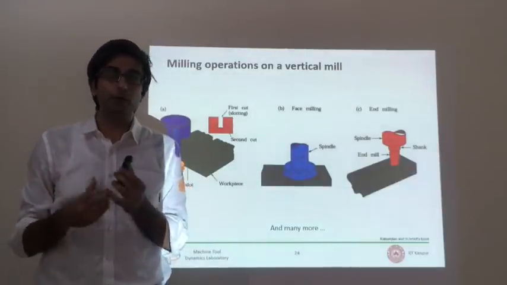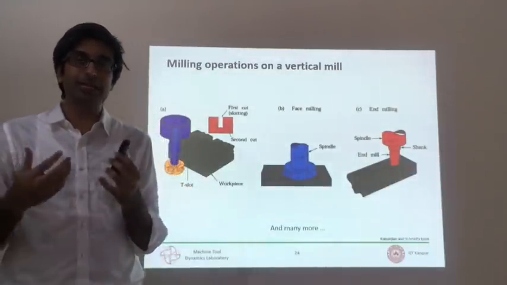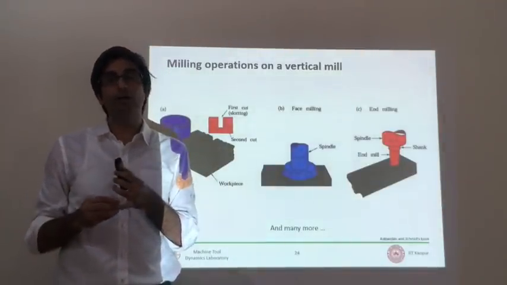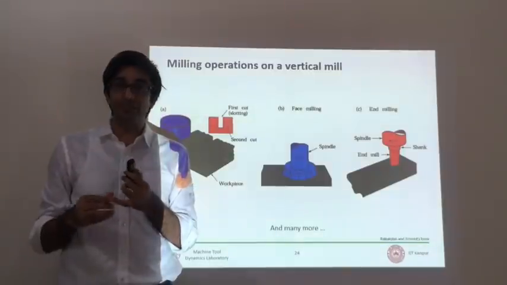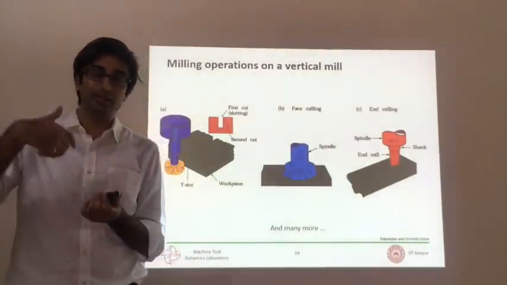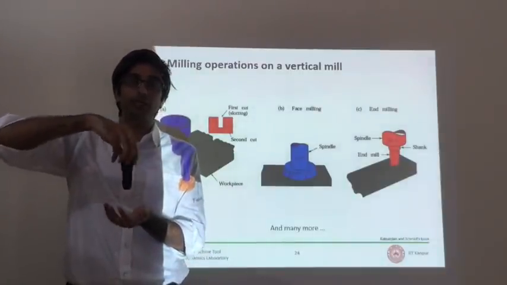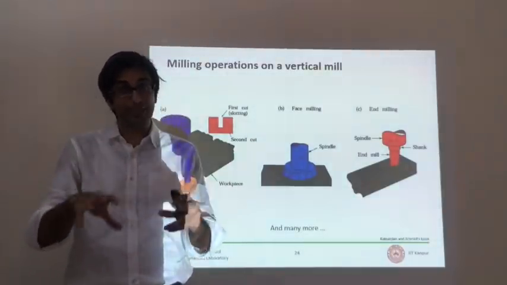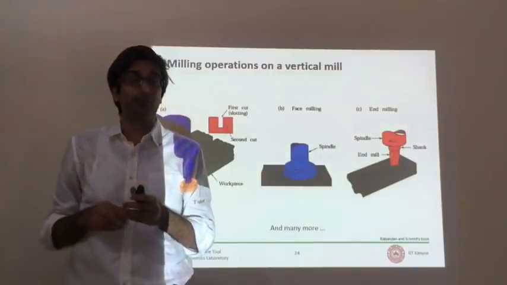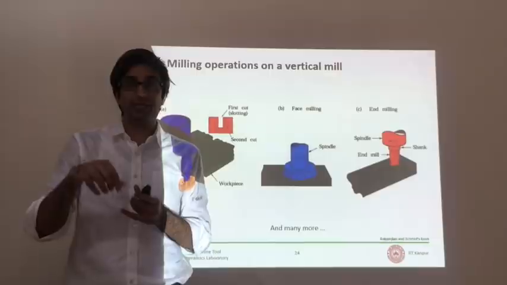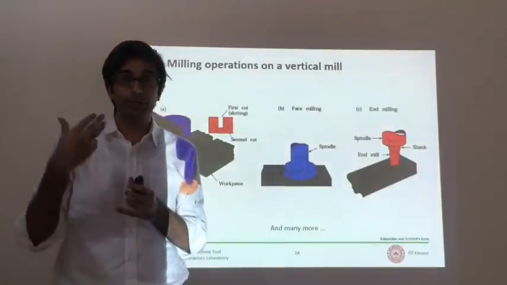We spoke about how these things are clamped and chucked, which is a very interesting working principle. Then I discussed briefly the working principle of drilling machines, which is very similar to turning, but instead of the workpiece rotating, in drilling the tool is rotating. And the workpiece is held stationary with just one axis motion. And the kind of operations possible on that is drilling and hole boring and counterboring and countersinking and so on.